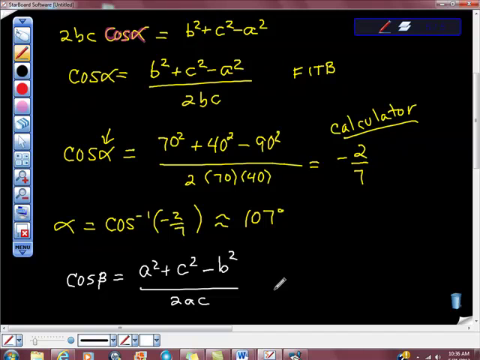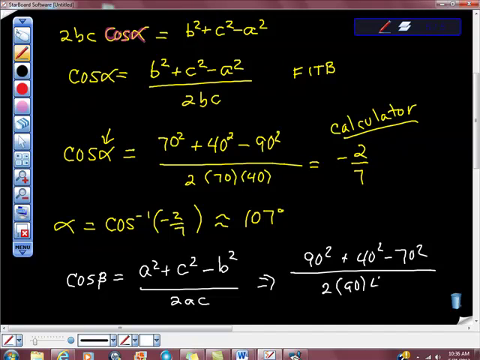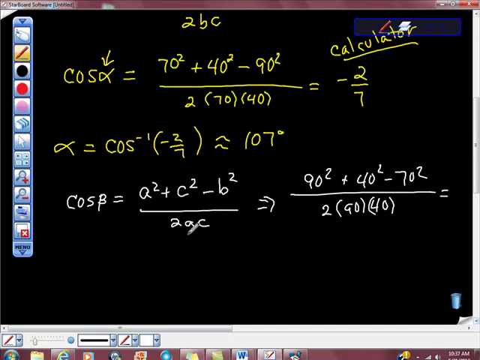When I put all that in, that turns out to be 90 squared plus 40 squared minus 70 squared all over 2 times 90 times 40. Are you thinking calculator? Because I know I am. And remember that we're looking for this beta value, this angular value. So what we want is the inverse cosine of that.